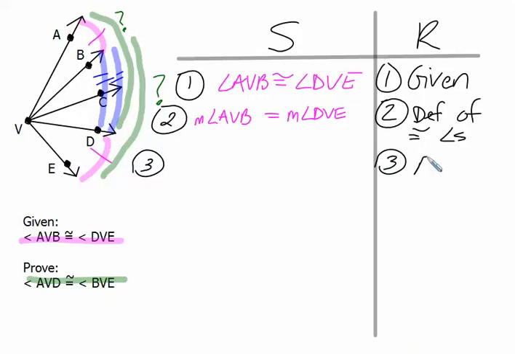Now, step number 3, we will break out the angle addition postulate. So the part, measure of angle AVB, plus the other part. Now look at what we have. It's the measure of angle BVD is equal to that whole thing in the top piece, which is the measure of angle AVD.